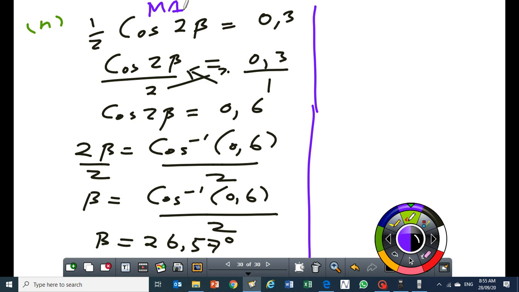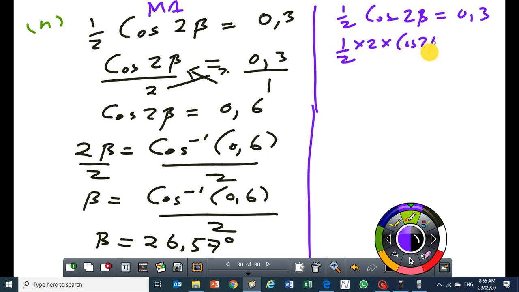Here, this step here, I can change that step by writing a half cos 2 beta is equal to 0.3. Now, because I've got this half here, if I want to eliminate the half on the left-hand side, I can just multiply both sides by 2. So you get a half times 2, times cos 2 beta is equal to 0.3 times 2. And that will give you cos 2 beta equal to 0.6. So you are here now. That's the same as there.